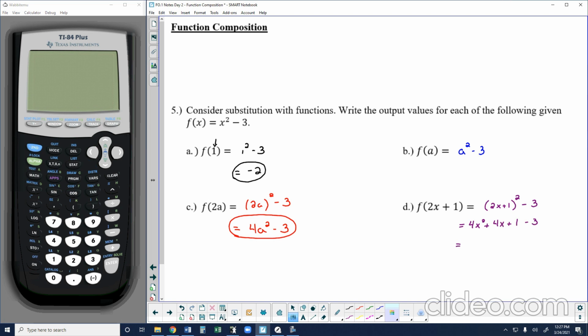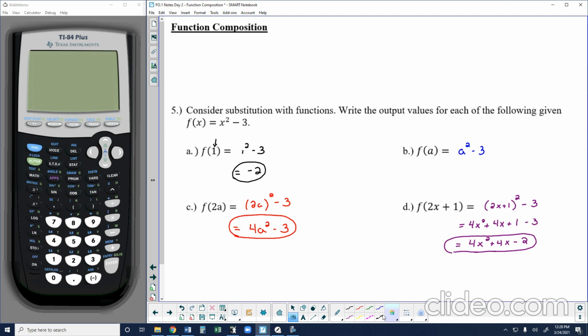And so as we simplify, we should get 4x squared plus 4x minus 2. Now we could look at factoring that expression, but this is a good enough expression for the evaluation of f of 2x plus 1. Really, what we just did there in problem 5D was a function composition.